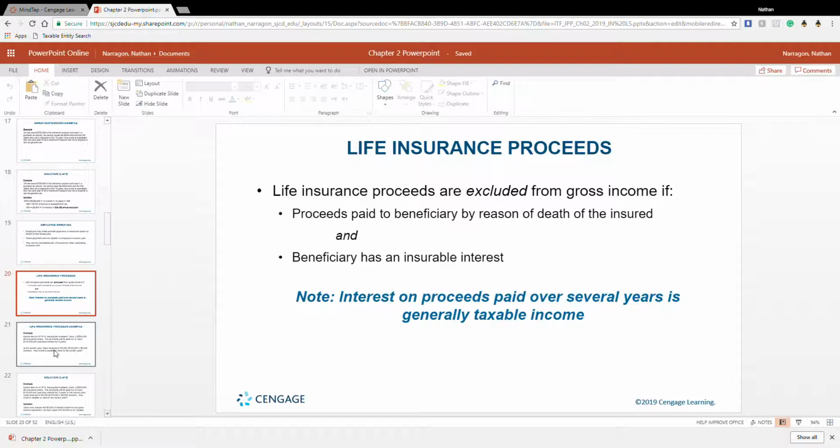But there's always a but, because it's the IRS. Interest on proceeds paid over several years is going to generally be taxable income. So, if you choose to receive this benefit over several years, be wary that you will have interest taxed on it.